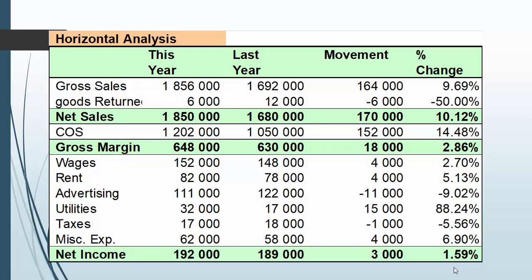Now I can go and investigate that to see how I can improve this. So part of the analysis, and this is simple vertical horizontal analysis, allows you to see where you need to go and investigate. I don't have to go and investigate the wages or the rent. That hasn't got a major impact. I know where the major impact lies.